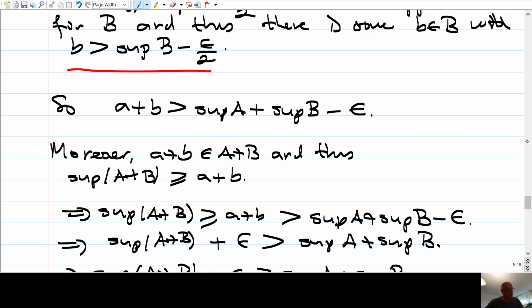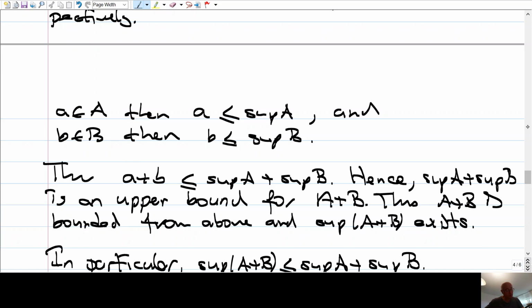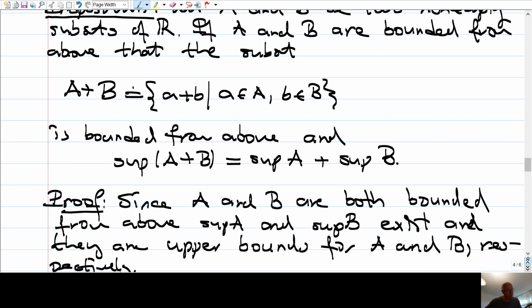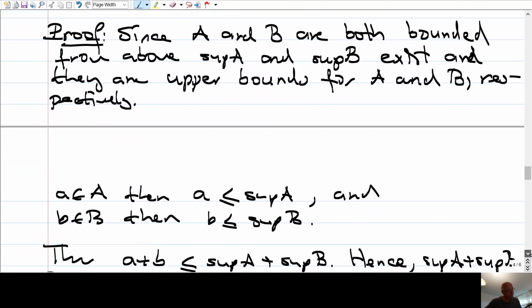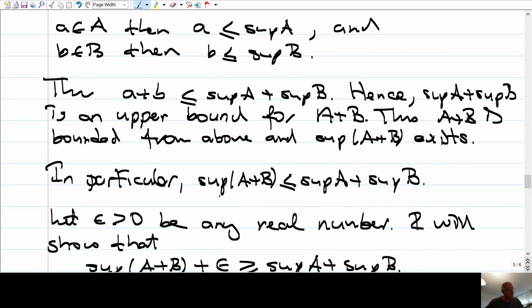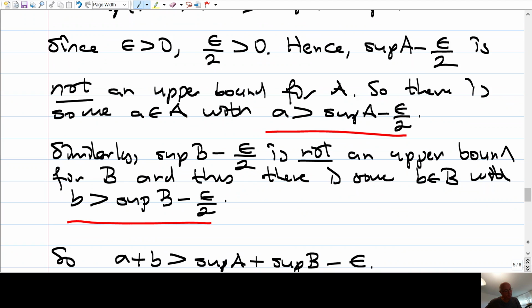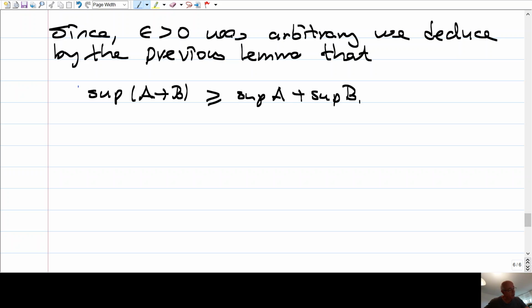This is the inequality I wanted to obtain because you see I had, where was it? I had this one, right? I had this inequality, and now I have this.